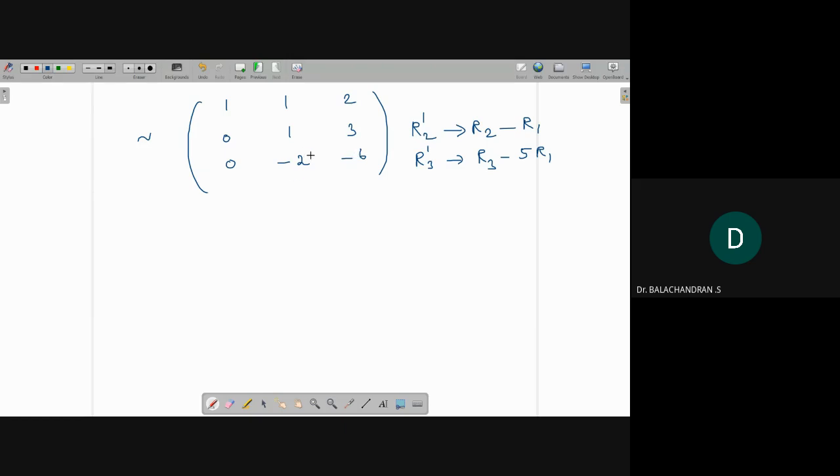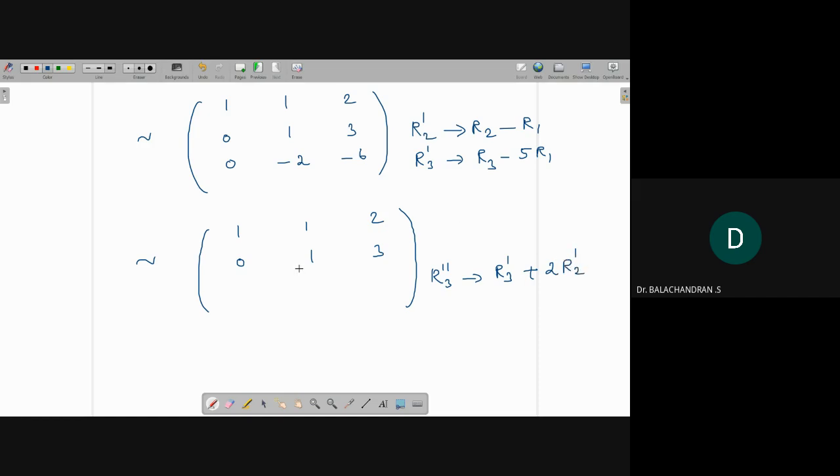Next I need to convert this element to 0. We have 1, 1, 2 and 0, 1, 3. In place of R3 dash, I am using R3 double dash for the second time. Please tell, R3 double dash is what? R3 dash plus 2R2 dash, correct.